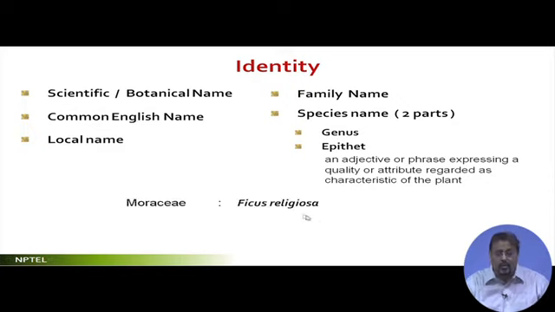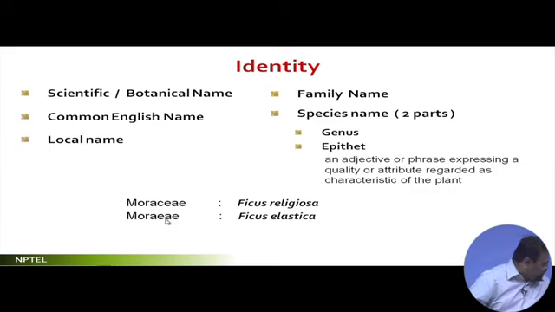See, Ficus religiosa is the species name. It belongs to the Moraceae family. If I try to find out Ficus religiosa's family name, it is Moraceae. Then there is another, Ficus elastica, which also belongs to the same family.